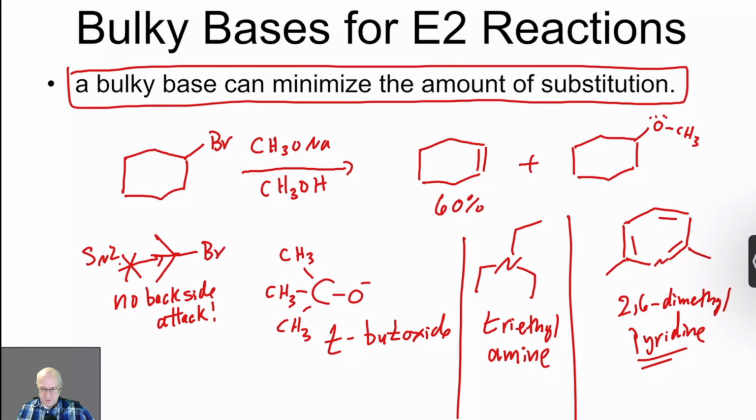But now, the take-home message is not the names of these things. The take-home message is the bulk, the sheer amount of carbons that are behind these atoms. The nitrogens are the basic elements here. You have so much bulk around those basic components that the nitrogen, the nucleophile that needs to attack the electrophile, just can't get there.